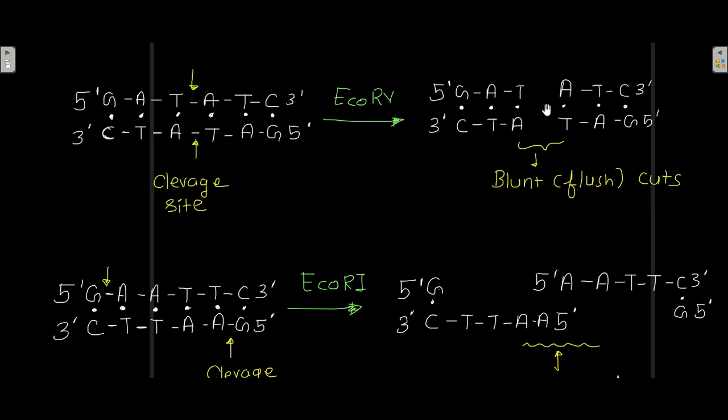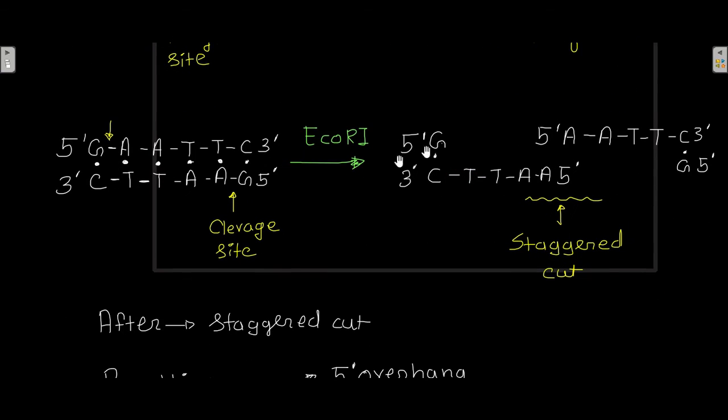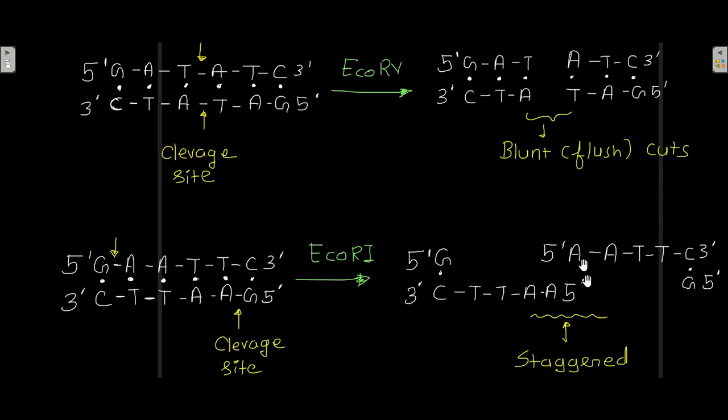It has blunt ends, because the cleavage point is exactly at the axis of symmetry. But in the case of staggered cuts, the cleavage point doesn't fall at the axis of symmetry. This is how the staggered cut looks, and this is how the blunt end looks.